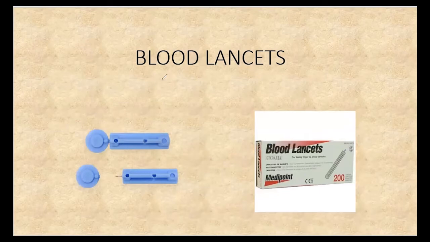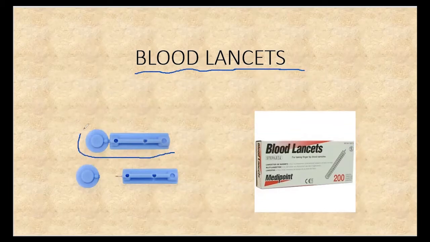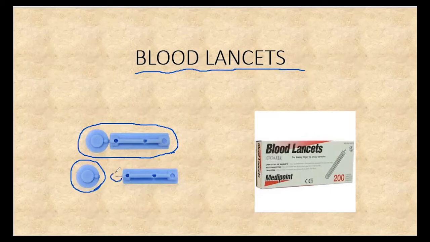We have different kinds of blood lancets. Some are smaller, like this one, that's not open form. If you take off the cap, you can see a small sharp needle here. We also have some bigger ones, like this one.